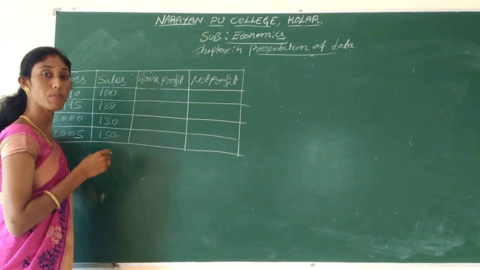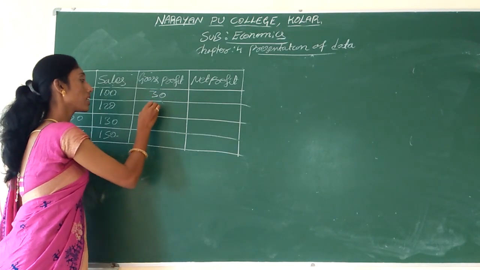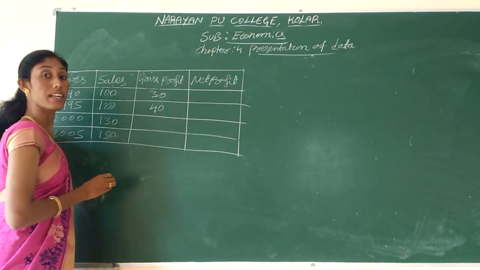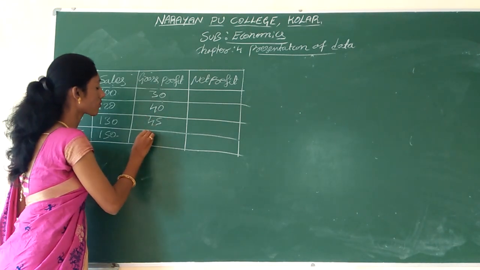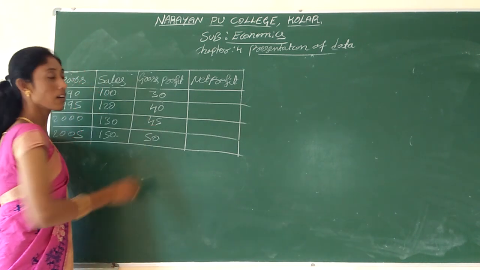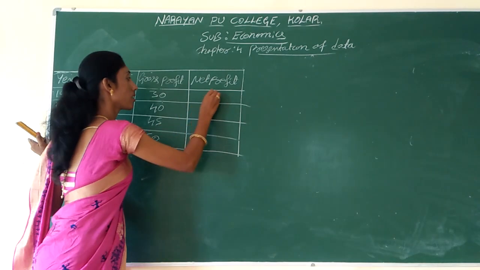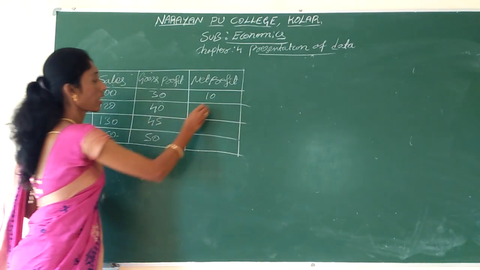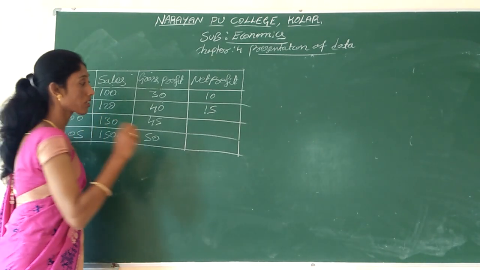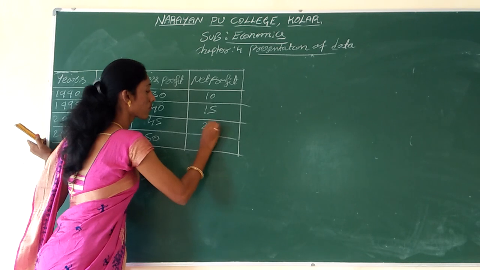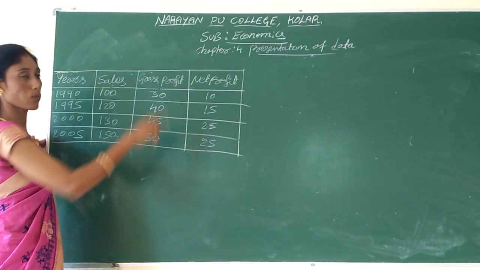The gross profit of the company in 1990 is 30, in 1995 is 40, in 2000 is 45 and in 2005 is 50. Next, the net profit of the company is 10 in 1990, 15 in 1995, and 25 in 2000 and 2005. This is the question they have given.